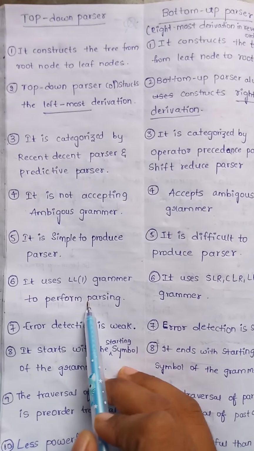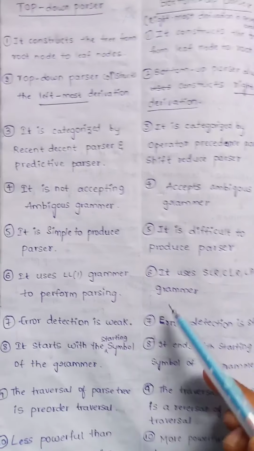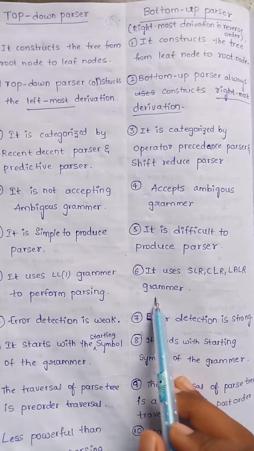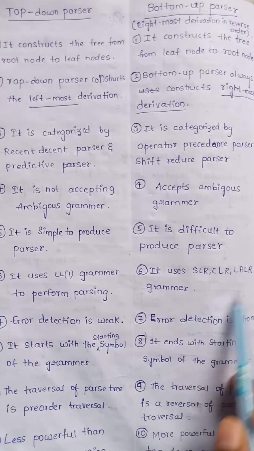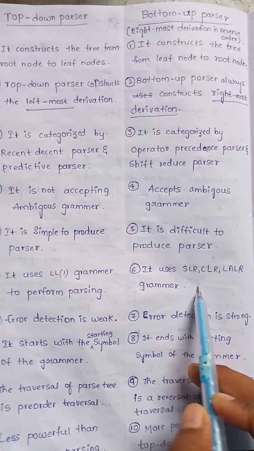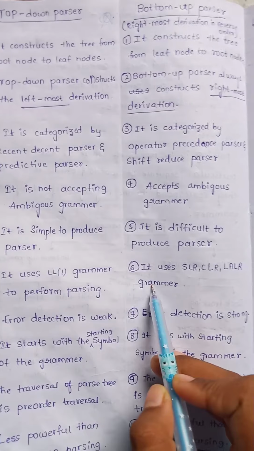As I have told, LL(1) parser, recursive descent and predictive parser are equally the same. And bottom-up parser uses SLR, CLR and LALR grammar, which are of LR(0) type.